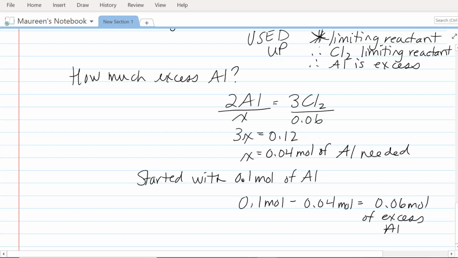Okay, so hopefully that kind of gives you a third way to go through and figure out how to solve these limiting reactant questions. We're going to do lots of practice, and practice makes perfect, and hopefully we'll get through this kind of difficult sort of problem together. All right.